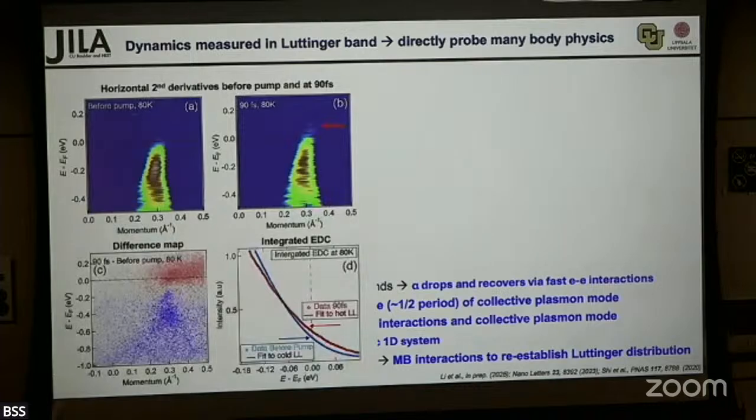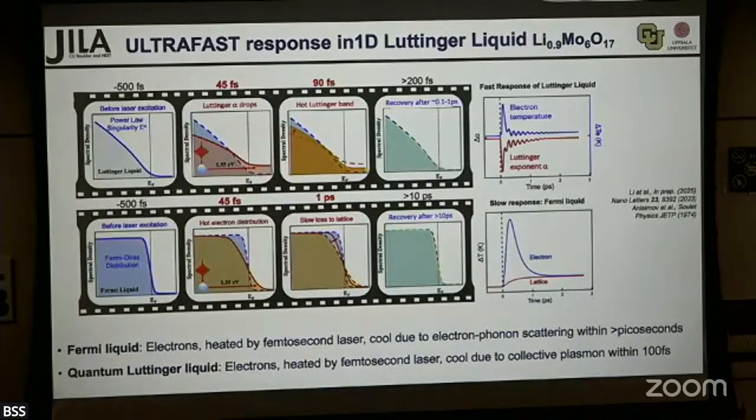This is to contrast what we understand: if we excited gold, you would put all the energy into the electrons and then undergo slow loss to the lattice and recover in 10 picoseconds. This is that old understanding from 1974, whereas in a Luttinger liquid, the electrons are talking to each other so strongly that the response time of the electrons is very fast.